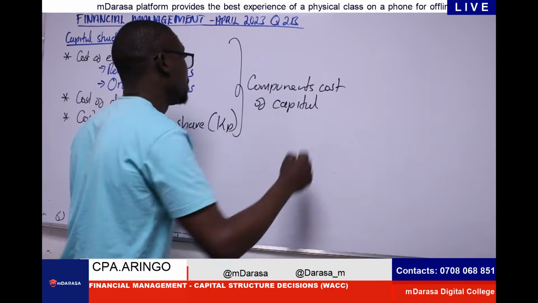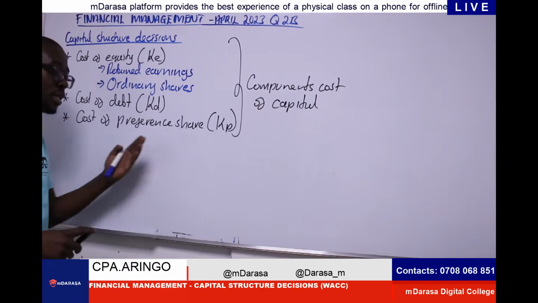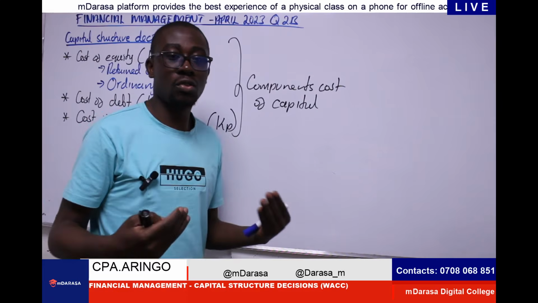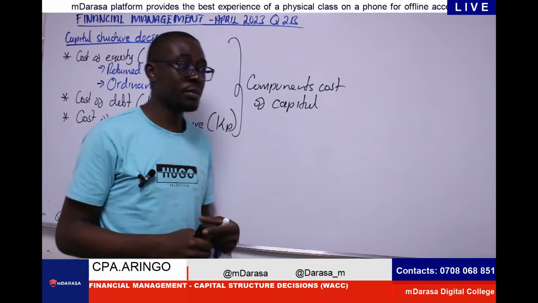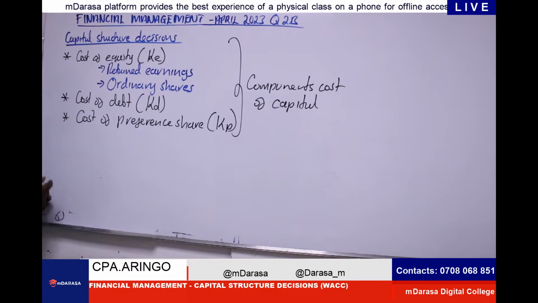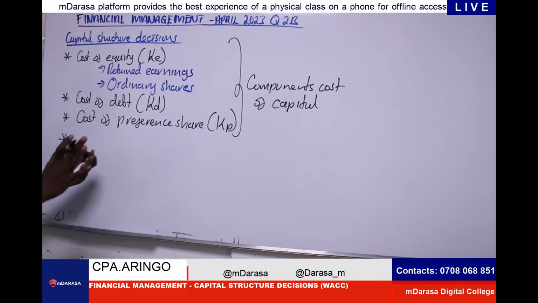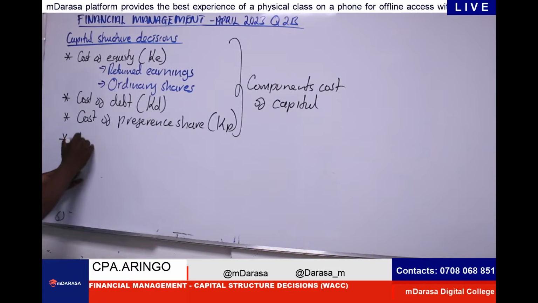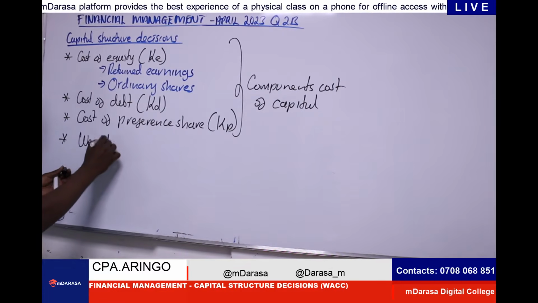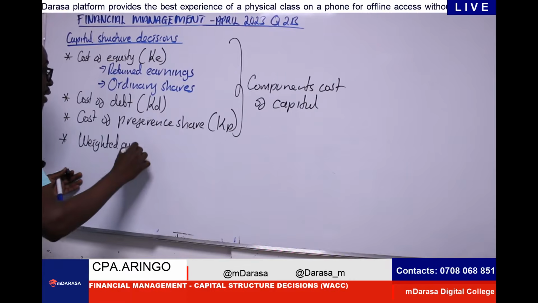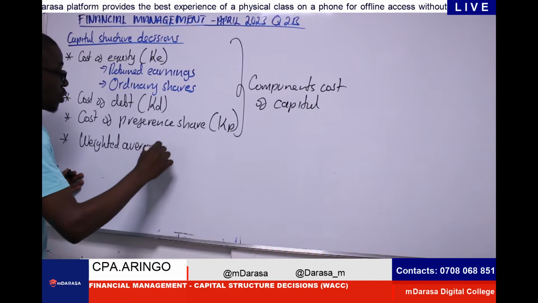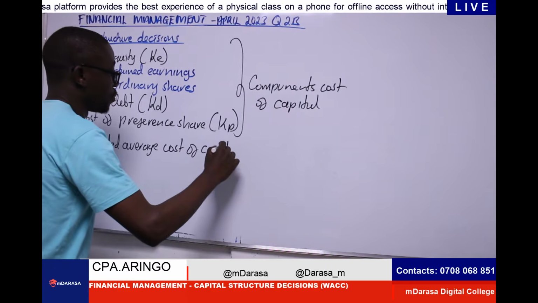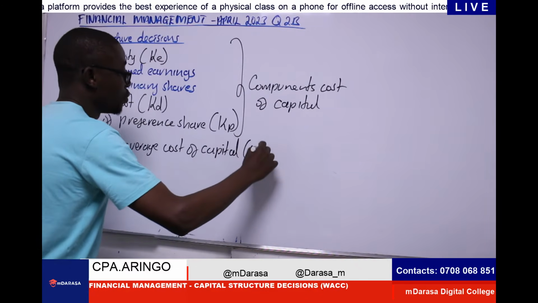So it will be important to understand that all these are what you are going to incur to raise the funds that will finance what? Will finance operations. And therefore, at this point, it will also be important to learn about the combined cost, right? And this is where we'll be looking at the concept of weighted average cost of capital, which in this case, recall, we are terming as WACC.